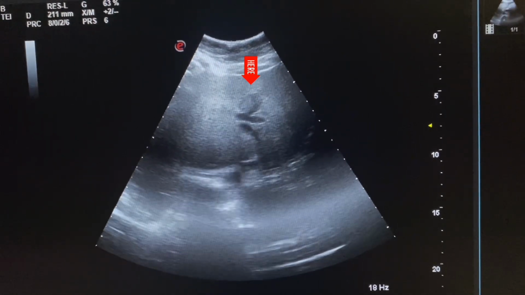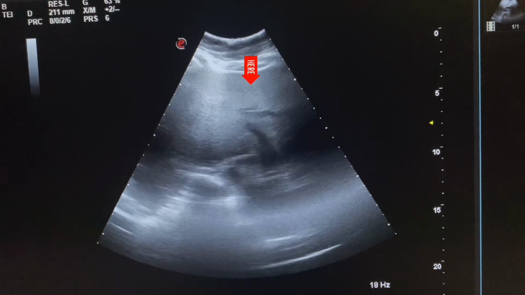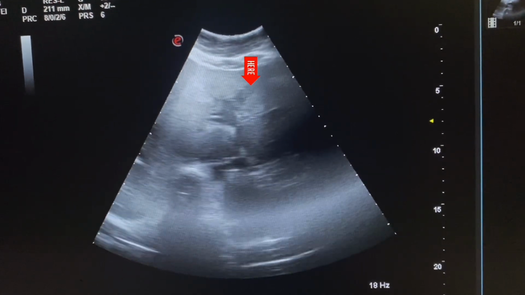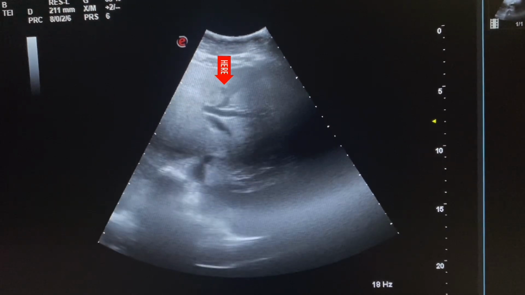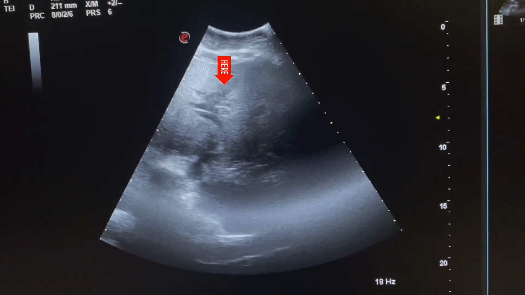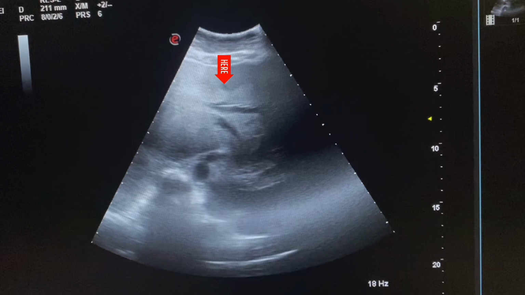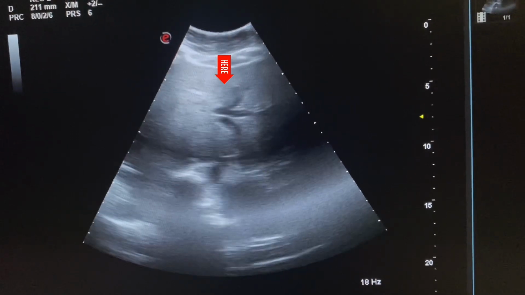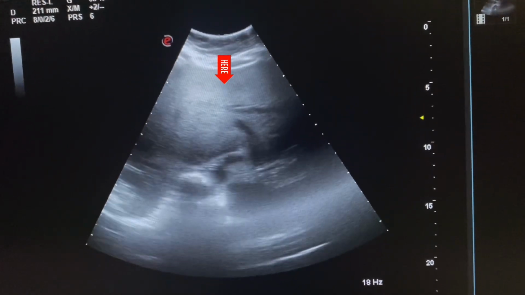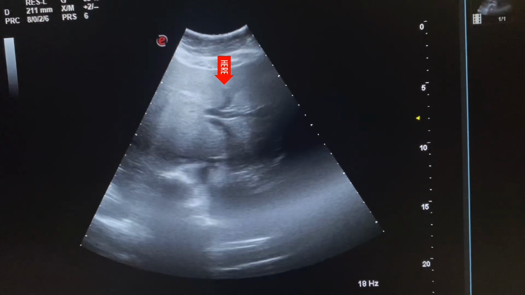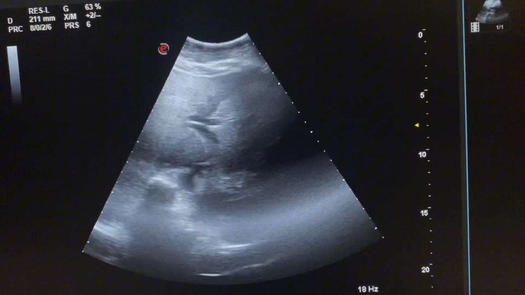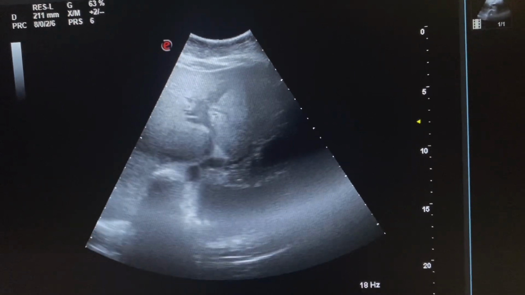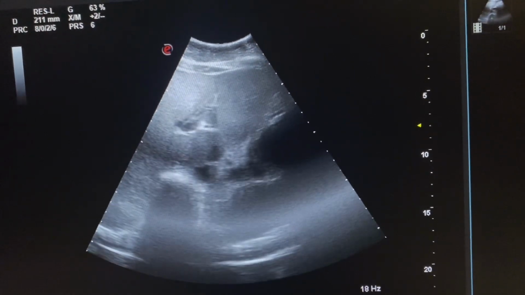The left hepatic veins are prominent and mildly dilated. Normally these hepatic veins are not visualized. These vessels are dilated when there is increase in venous pressure or portal vein pressure.